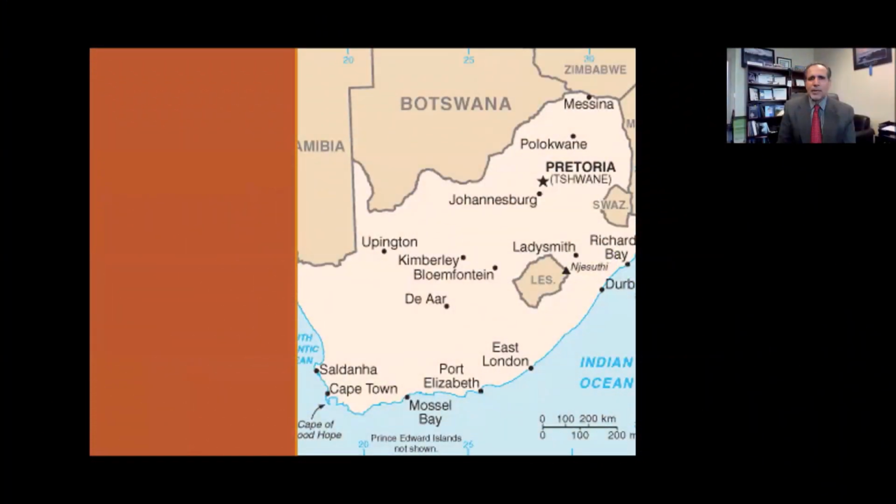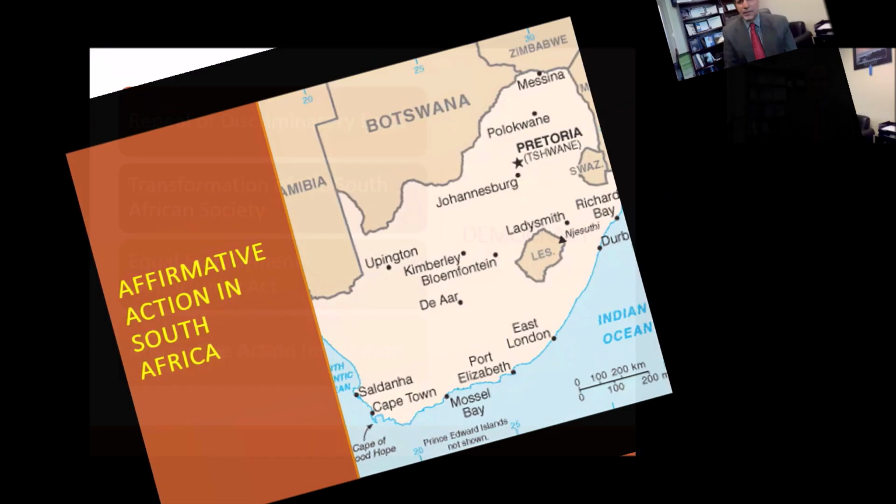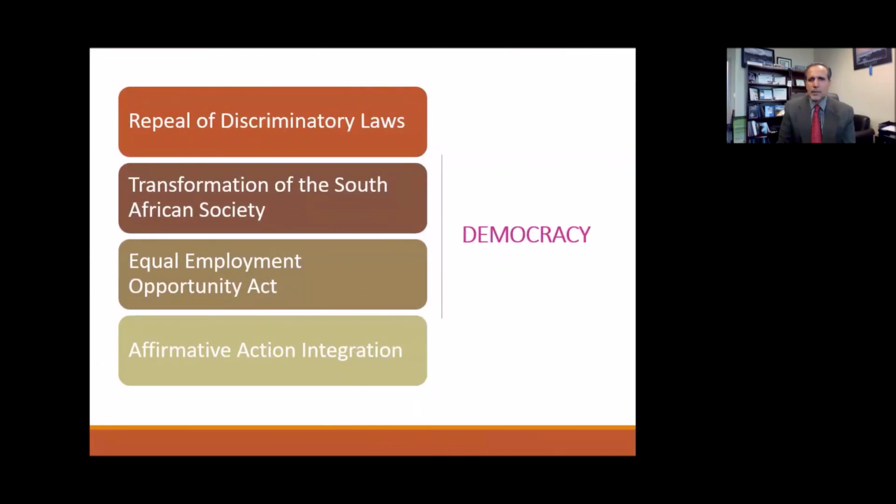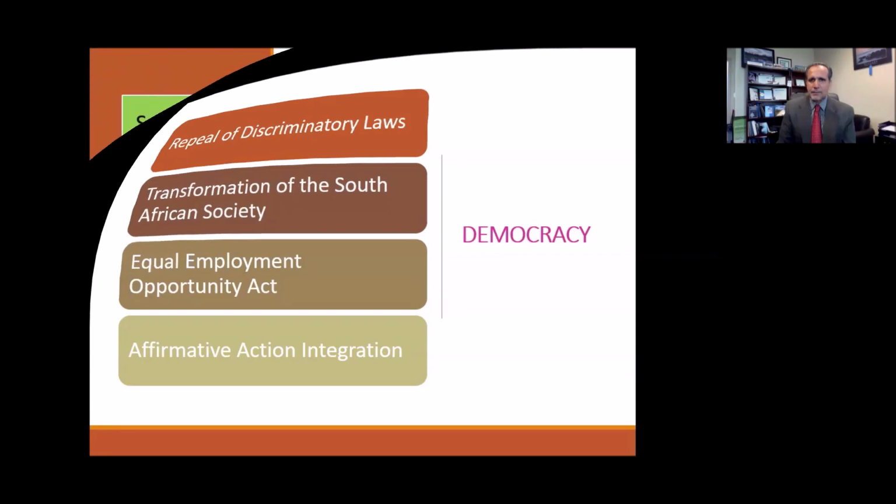The chapter also talks about affirmative action in the case of South Africa. There's discussion about the repeal of discriminatory laws, transformation of the South African society, and the introduction of the Employment Equity Act, also affirmative action integration, and how it has transformed South Africa over the last 3 decades.